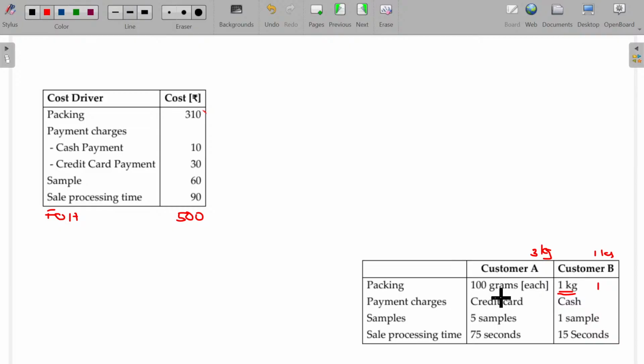For 3,000 grams, you have to make 30 packages. Then 31 packages done, that is the cost driver. 31 packs done for 310 rupees, so the cost per cost driver? 310 by 31, that is 10 rupees.